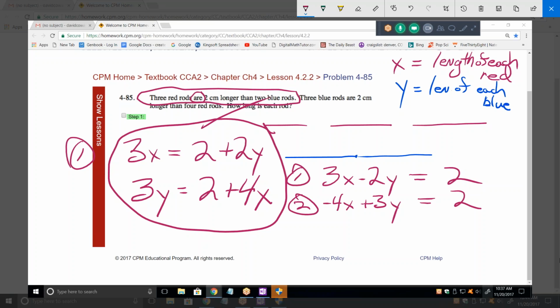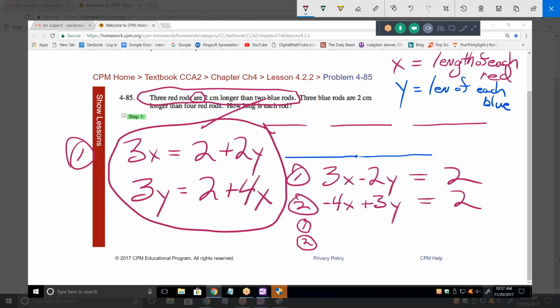What should I multiply equation number 1 by? Remember, the goal is to get two equations where one variable disappears when I either add them or subtract them. By 2? Well, I got to multiply each one by a different number, which is okay.